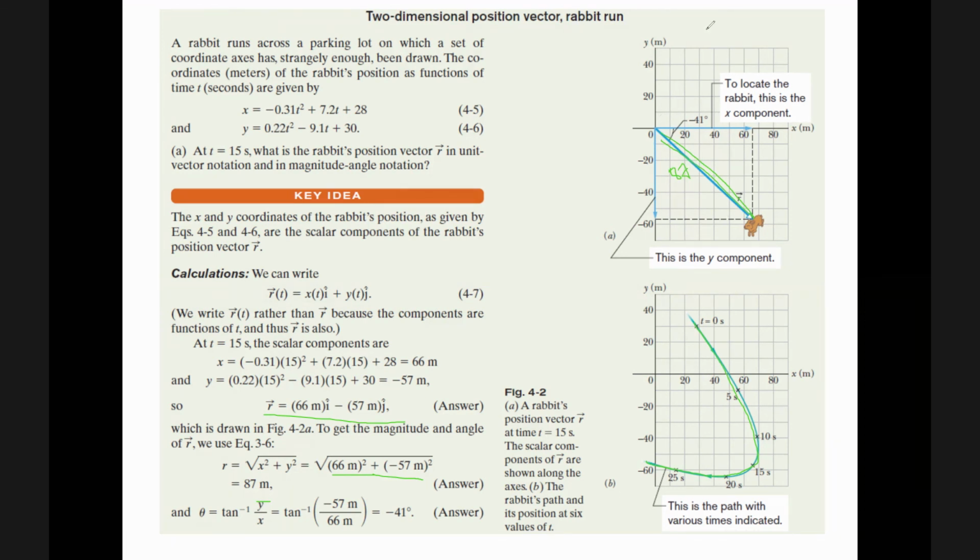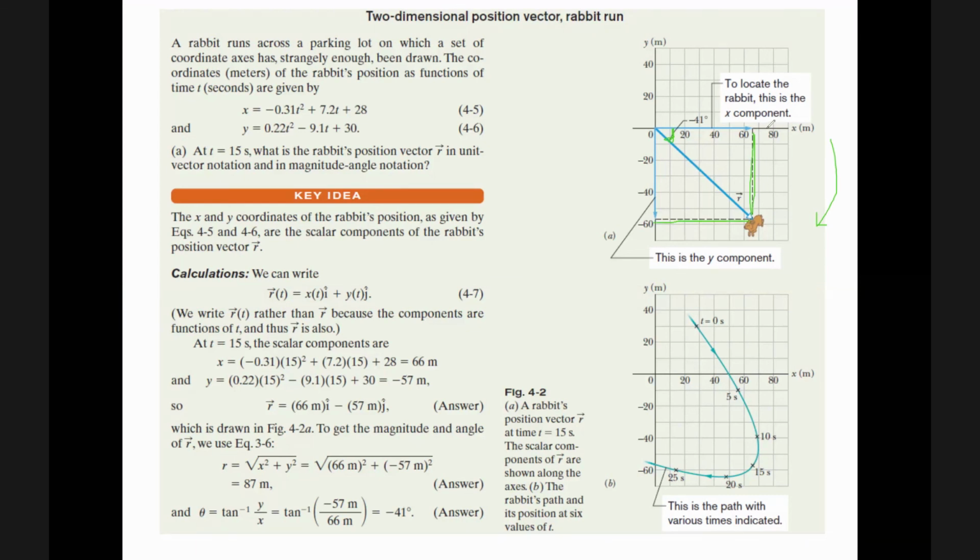This is the position of the rabbit at t equal 15. Similarly, what if he said, what's the angle? Meaning the direction of the rabbit at 15, which angle do I look for? We said clockwise should be negative. So how to find it? Tan theta equals opposite, without signs, divided by adjacent, which is 66. The angle is minus 41.